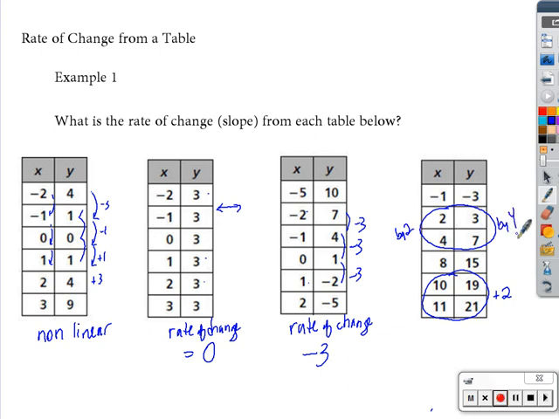If I made a proportion out of that, when my x values change by 2, y changes by 4, I want to know what my x values change by when my y values change by 1. So 2 and 4 makes 2, so plus 2. So my rate of change here is 2, plus 2. All right, so that's how I would determine slope from a table.